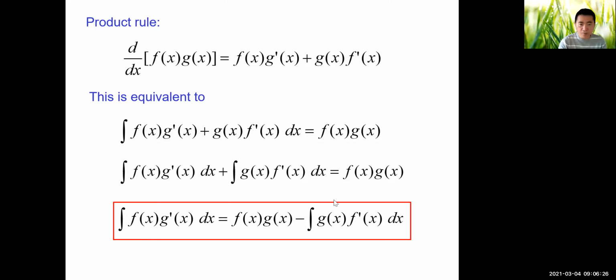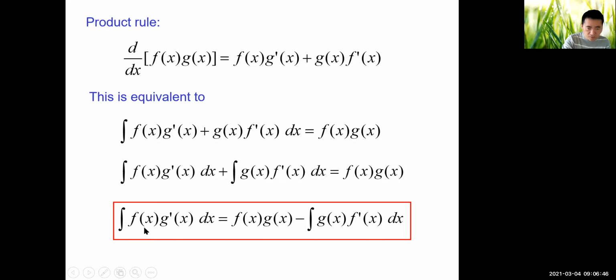Now, that formula is called the integration by parts formula. You're going to need to memorize this one. However, to make it a bit easier to memorize, I think we switch notation.